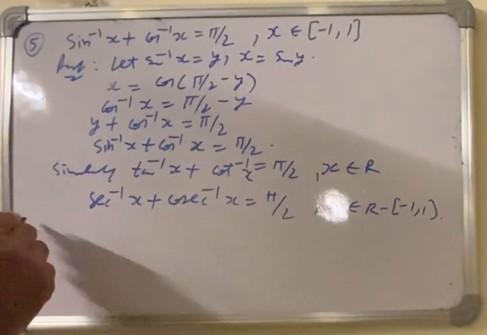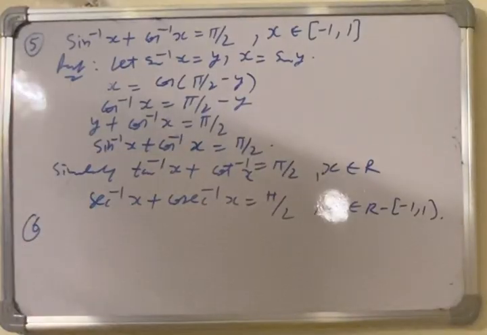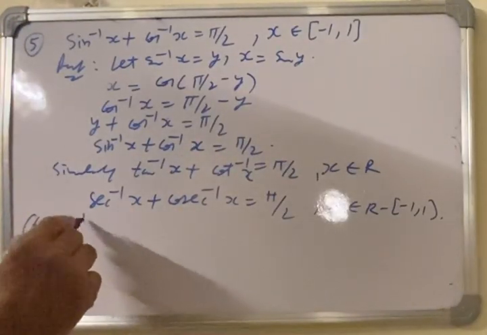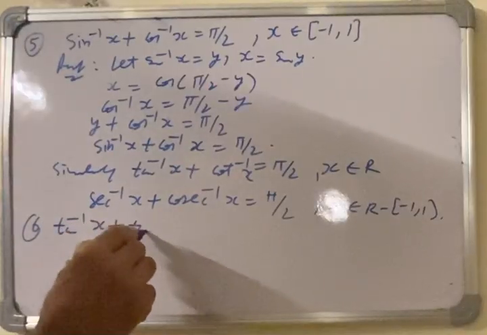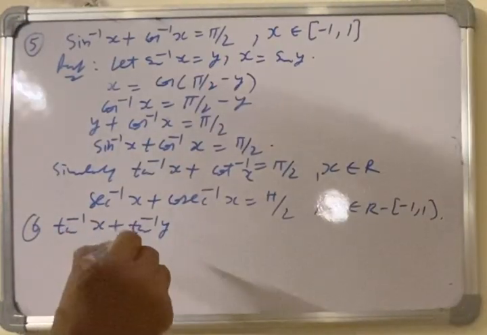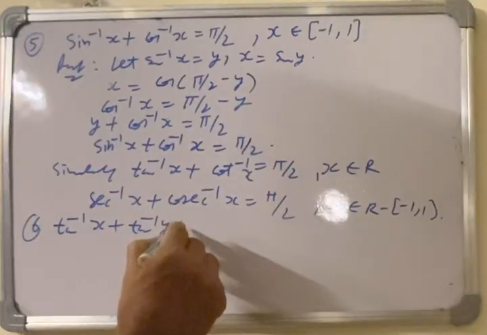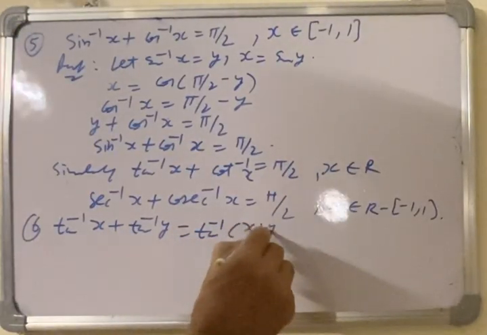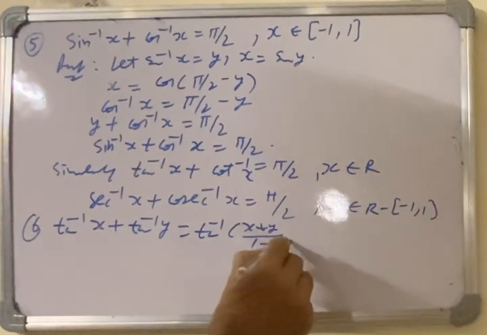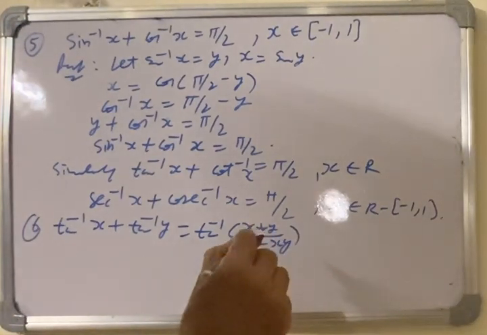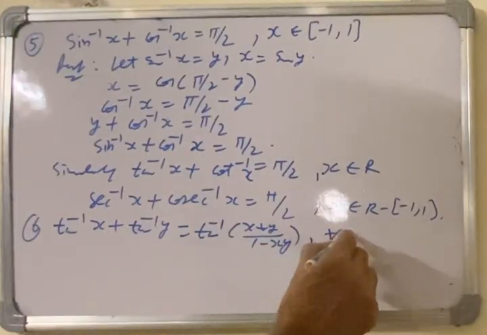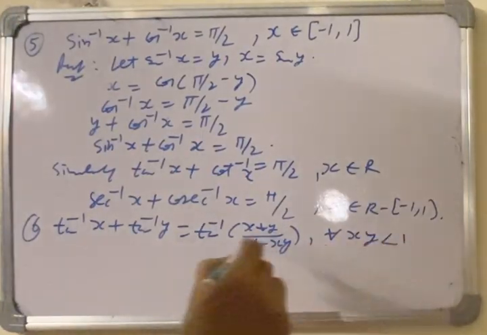Then next, sixth property, we have tan inverse x plus tan inverse y is equal to tan inverse of x plus y over 1 minus xy, for all xy less than 1.